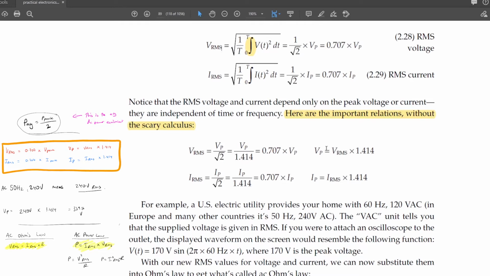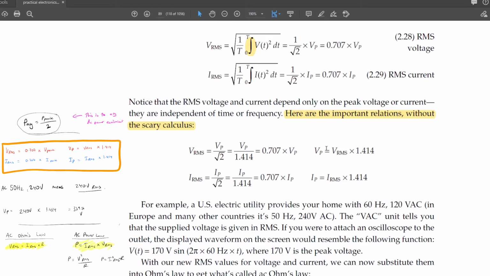Let me make this a bit neater. Make it smaller, go over here, and we'll give voltage the color red and current the color blue. Now let's work out the peak voltage. Obviously, just a bit of algebra.